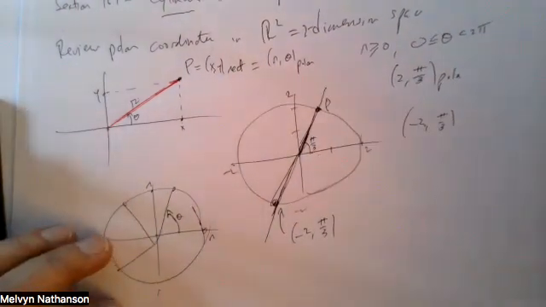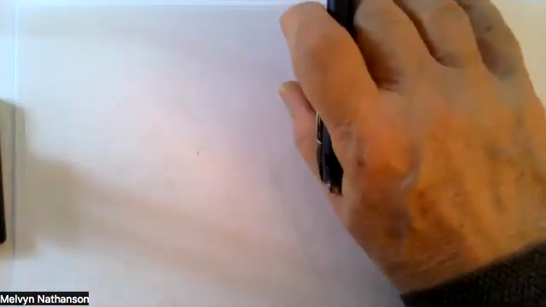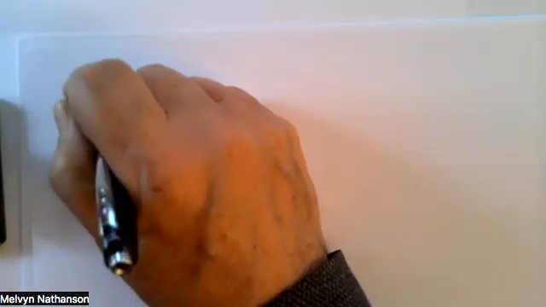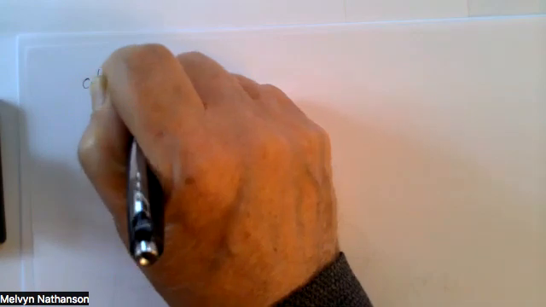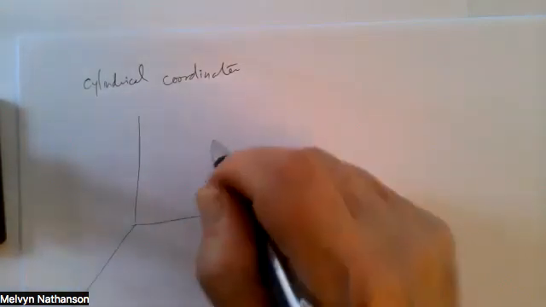And cylindrical coordinates are an extension of this to three-dimensional space. So here you are in three-dimensional space.